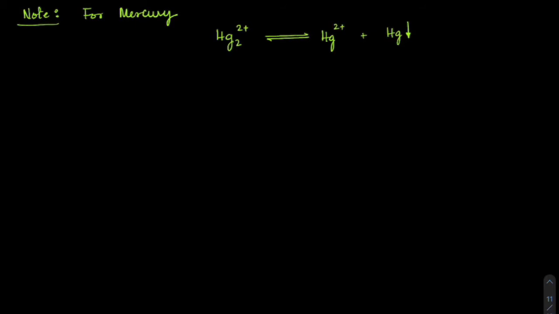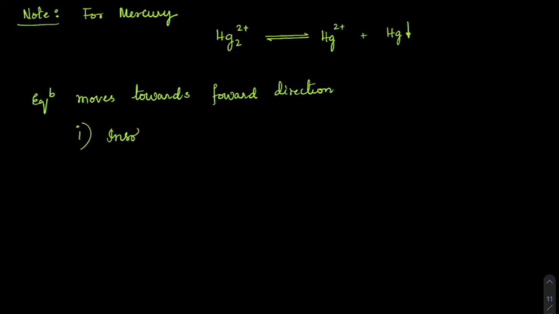And what the motivation is here, check out, this reaction moves towards forward direction. It will move toward forward direction if this following criteria is met. First, insoluble compound with Hg2+.